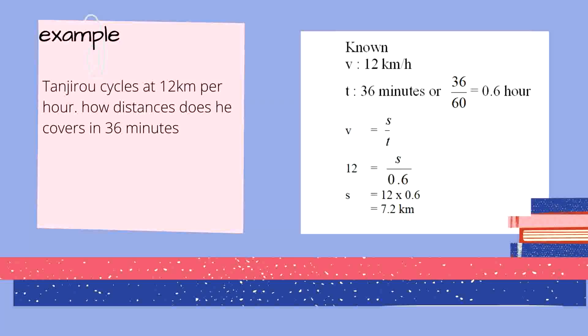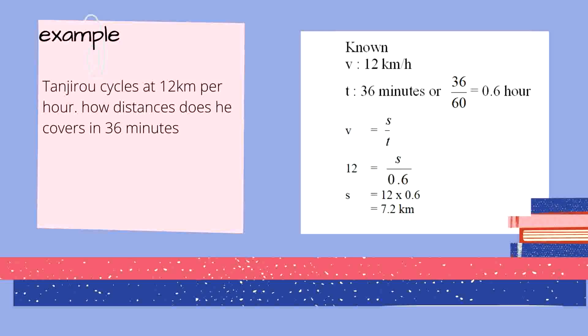Now I have an example of question. The question is Tanjiro cycles at 12 km per hour. How far does he cover in 36 minutes? To answer the question, you must write down the known first. The known from the question is speed 12 km per hour and time 36 minutes.